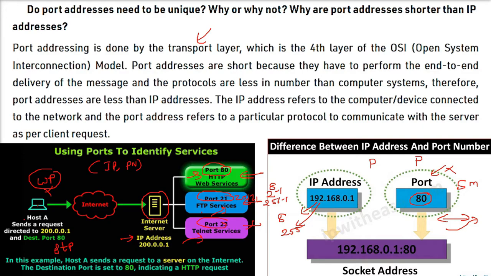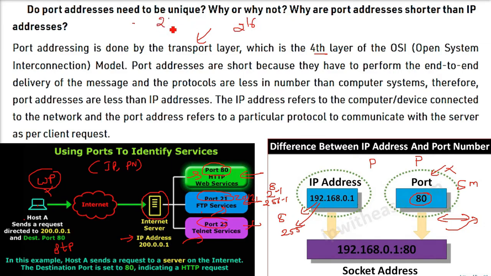If you see, the port addresses are short. Why are they short? Because they have to perform end-to-end delivery of the message, and the protocols are fewer in number. This is software generated.